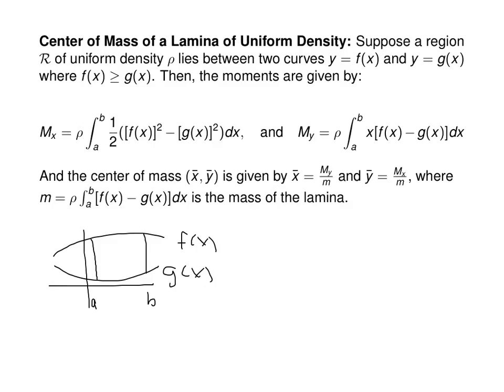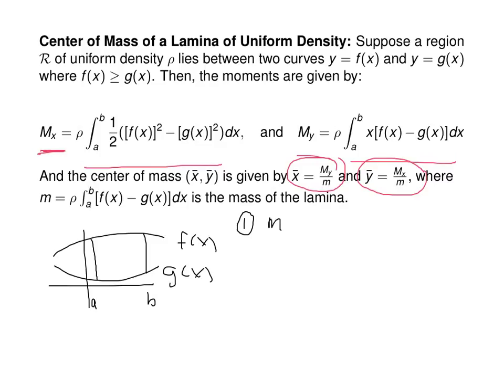Now the first thing we will do is find the moments. Now the moment about the x-axis is given by this formula, and the moment about the y-axis is given by this formula. And the center of mass is given by x bar equals My over m, and y bar equals Mx over m. The first thing we are going to do is find the total mass of this region.